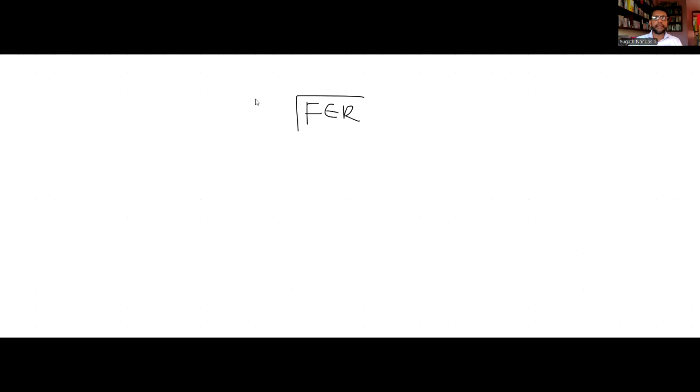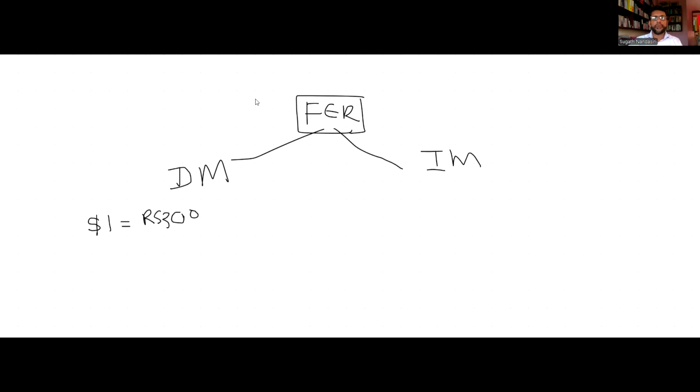I just put DM, direct method, indirect method, just for that purpose. $1 equals 300 rupees. Here, 1 rupee equals 0.0033 dollars.